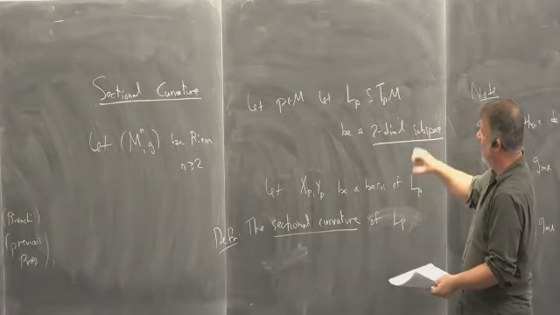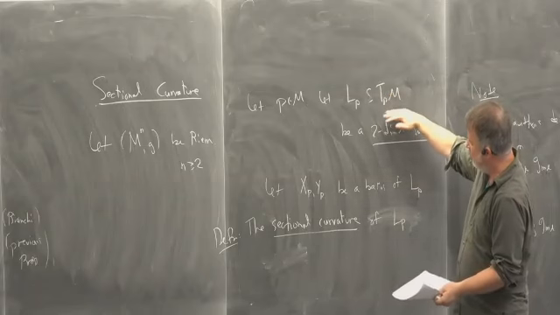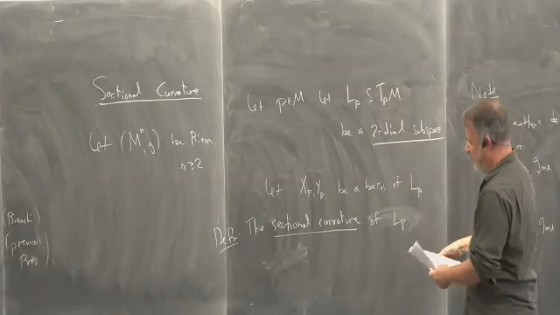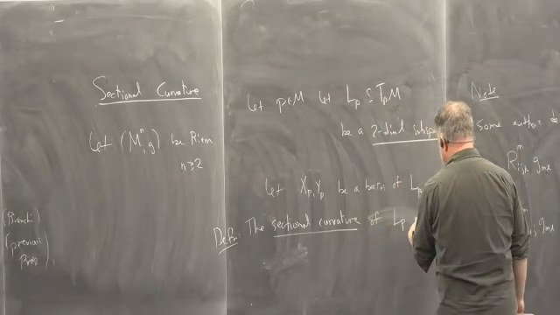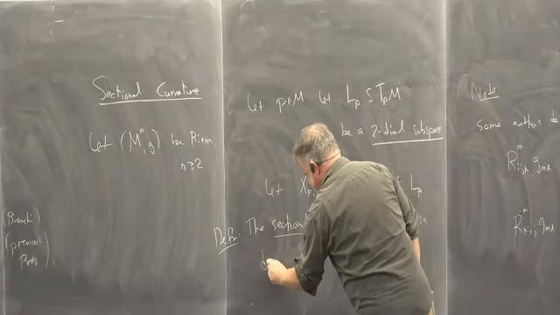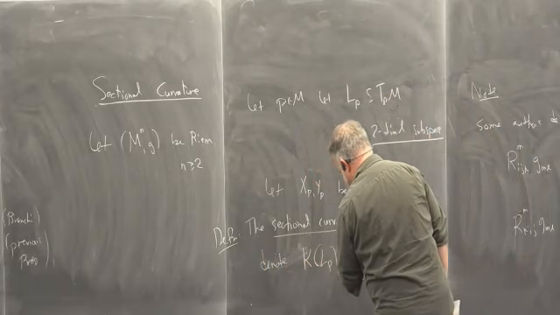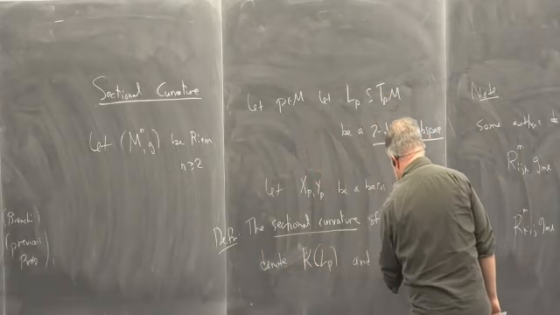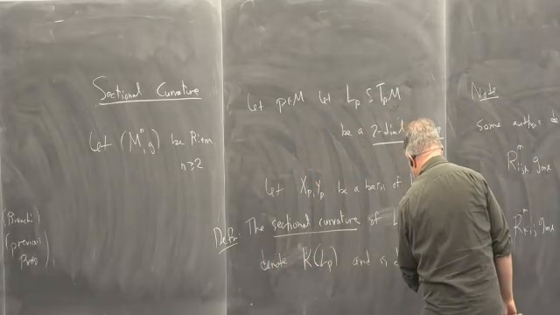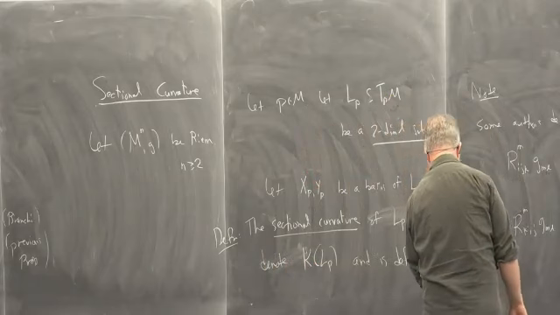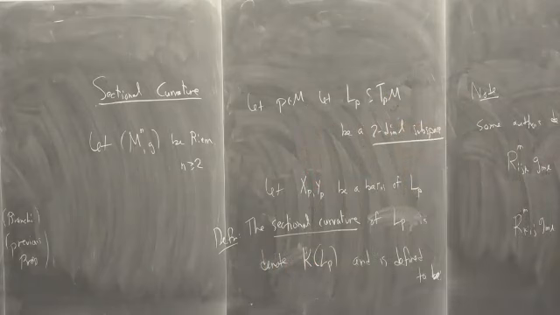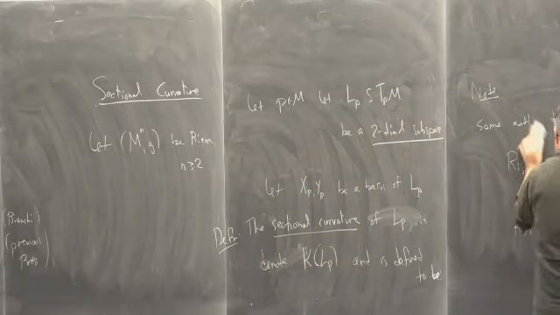Once you have a Riemannian metric, you need a point and you need a two-dimensional subspace of the tangent space at that point. So the sectional curvature of L_p is denoted capital K of L_p, and is defined to be a real number, and it's this real number.